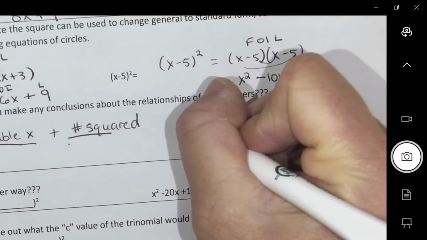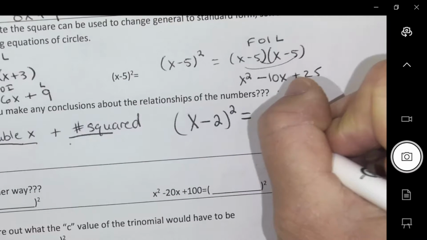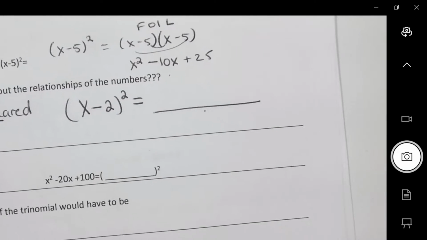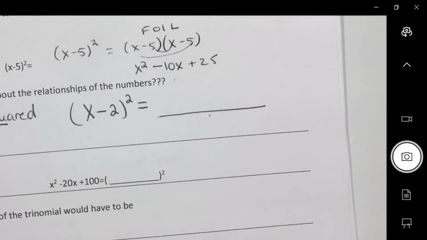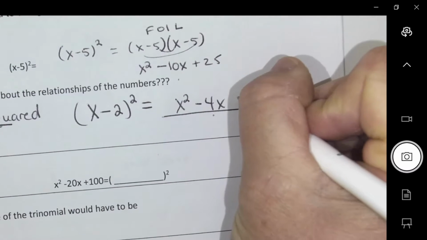Okay, so that's the relationship that's going to always happen with that squaring a binomial. So what can you quickly discover that would be? What trinomial would that be? Using that idea of doubling and squaring. X squared subtract 4x plus.